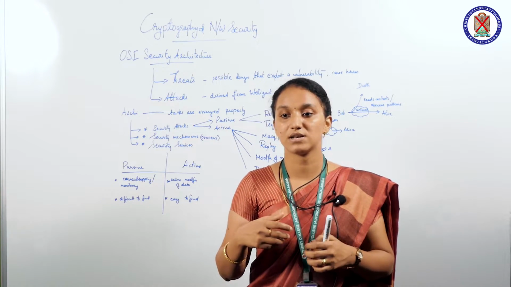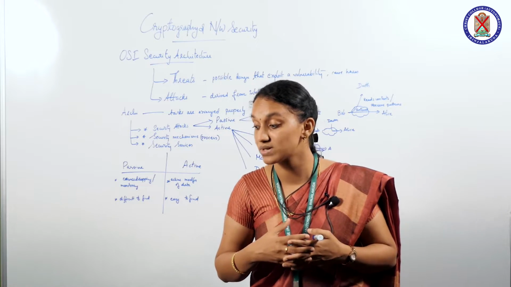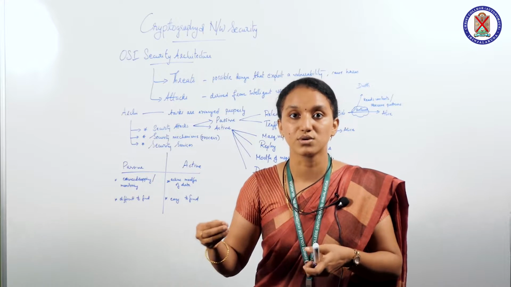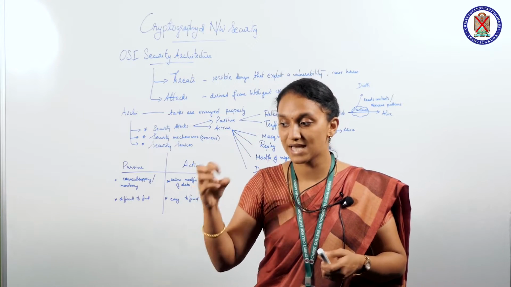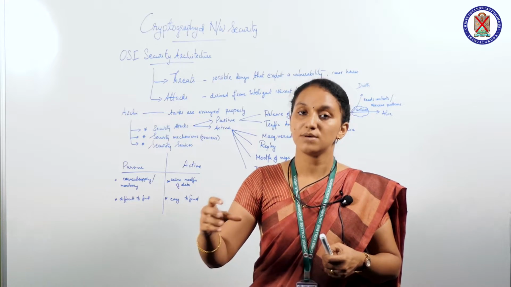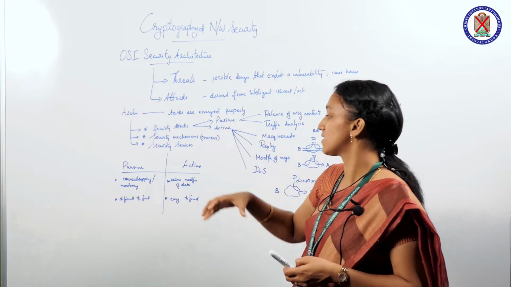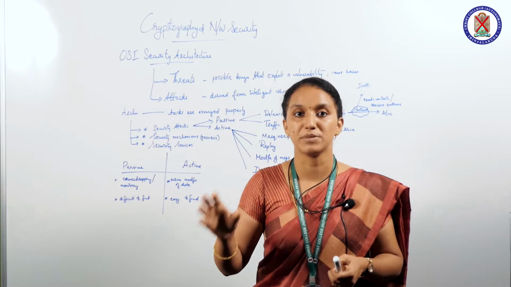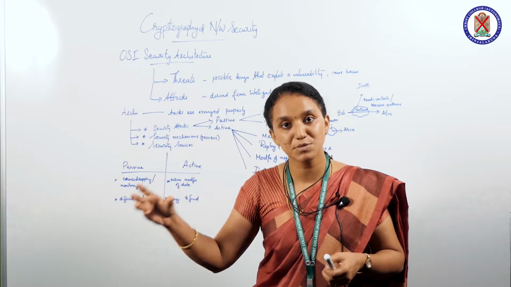Or I'm just trying to see what is inside that book or that file. I'm just trying to look. So I'm trying to capture the data. That is my goal when it comes to a passive attack. But when it comes to an active attack, what does it do? An active attack is like some modification is being made, or a false stream is being created.